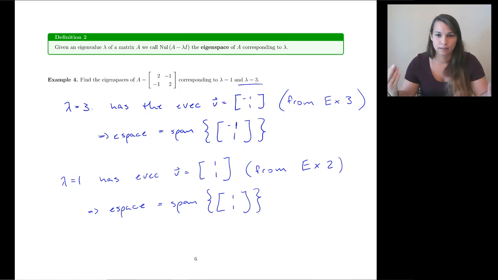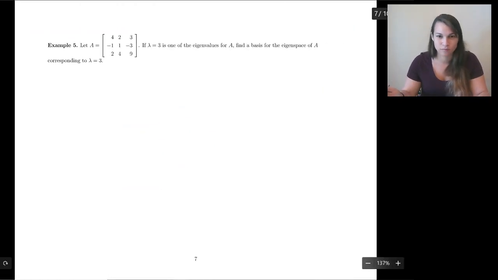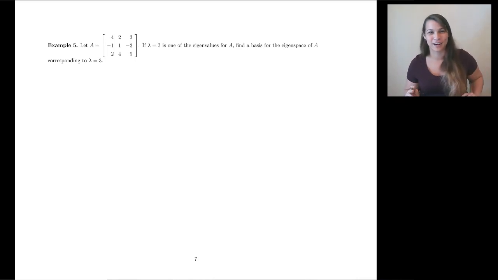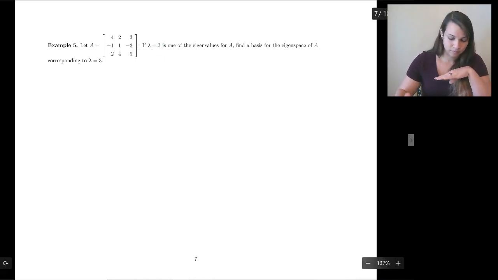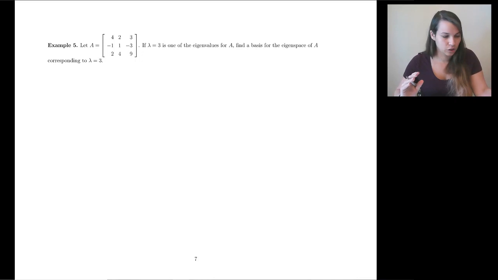All right, let's try running through all of this with a matrix that we haven't seen today so that we have to put in the work. So example 5, getting big. We're going for a 3 by 3 matrix now. We've got A is this 4, 2, 3, and so on. If lambda is equal to 3, if it's one of our eigenvalues, let's find the basis for the eigenspace of A. That means we need to try and find eigenvectors because whatever generates the eigenvectors generates that eigenspace.